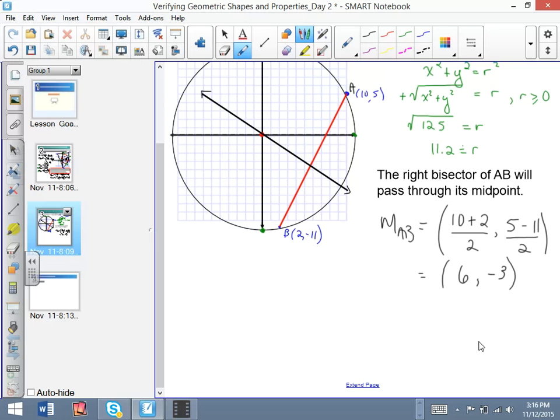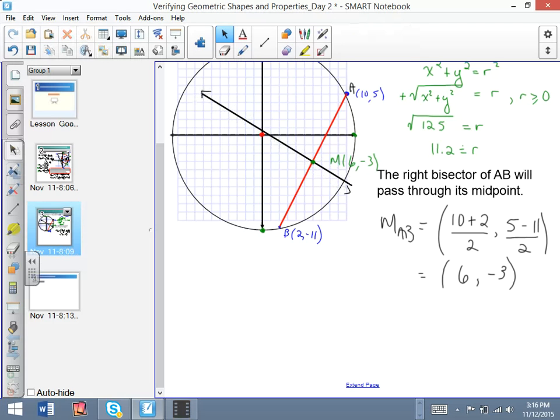So now we can go back to our sketch, and we can label the midpoint of chord AB as being here. Okay, so that's our midpoint. That's (6, -3). And with that, I can adjust the position of my bisector.